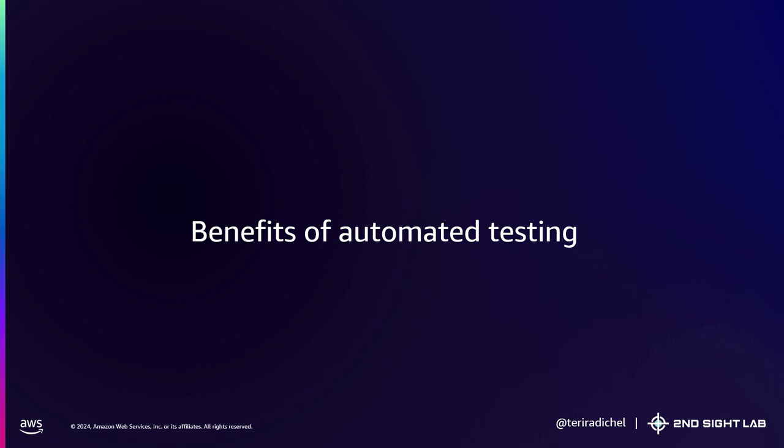So let's talk about the benefits of automated testing. Automated testing can go a lot faster than a human. So if you have something where you know the inputs and you can produce common outputs and you can evaluate that in an automated fashion, it's going to go way faster than a human can go. So that automation is really powerful. It's really good to use. There's nothing wrong with it. It's achieving our objective.